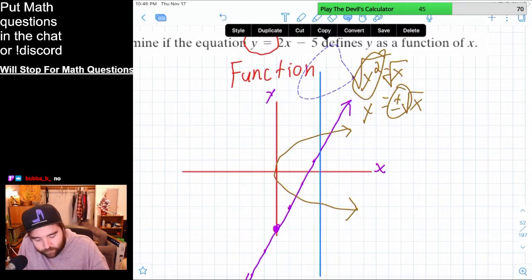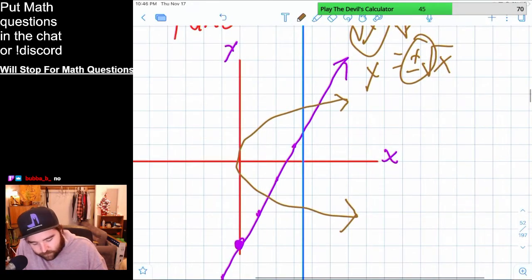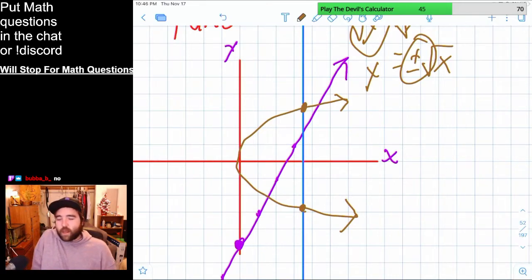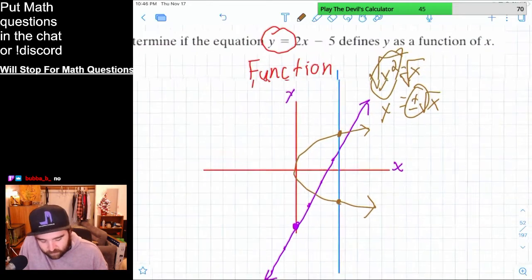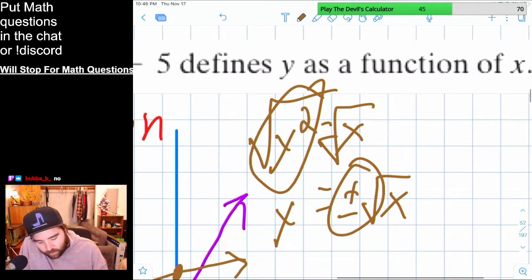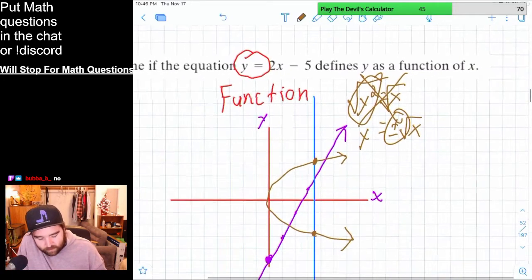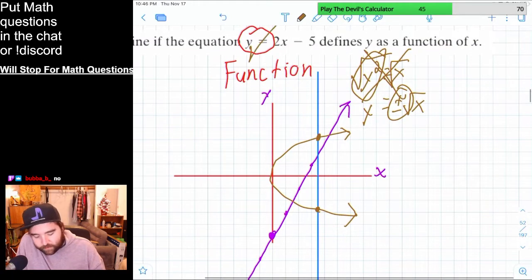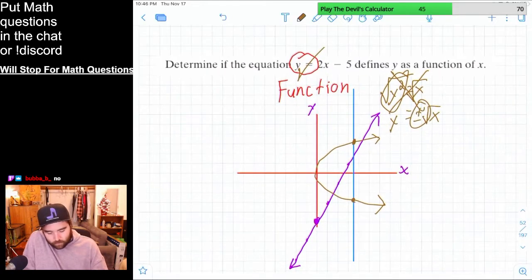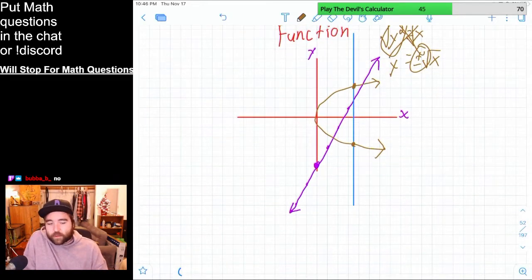Because if we tried the vertical line test, this vertical line is going to cross through two different points sometimes. And if it ever crosses through two different points, it's not a function. So y squared equals x, not a function. 2x minus 5 is a function, which we can see through all those various ways that we just said.